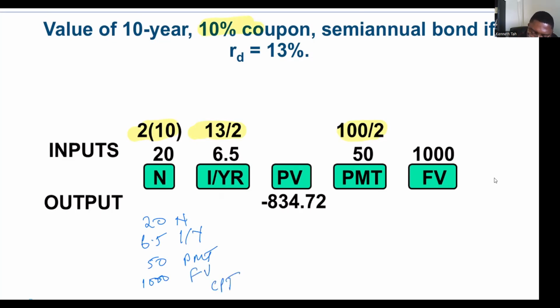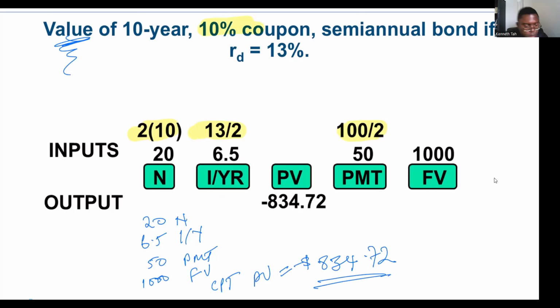Then we'll compute present value because we're interested in the bond value. Once we do that, we are going to get 834.72.